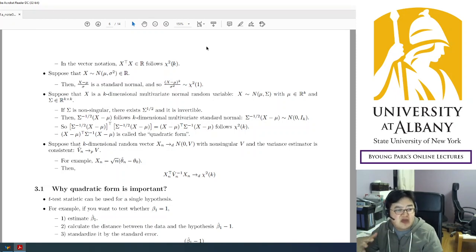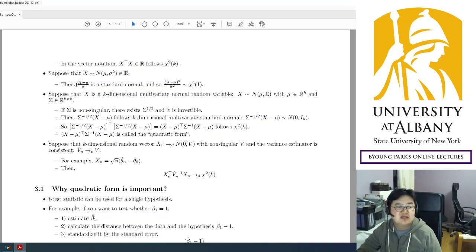Now we may generalize this definition to start from non-standard normal distributions. For example, if you have a general normal distribution with mean mu and variance sigma squared, then obviously x minus mu over sigma is the standardized value of this normal variable.